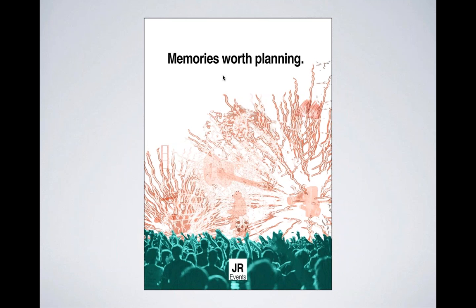Notice how minimal the text is. Memories worth planning. With the brand name JR Events, so you kind of infer that this is an event planner that's creating memories, and having this really interesting visual style helps to convey that idea.